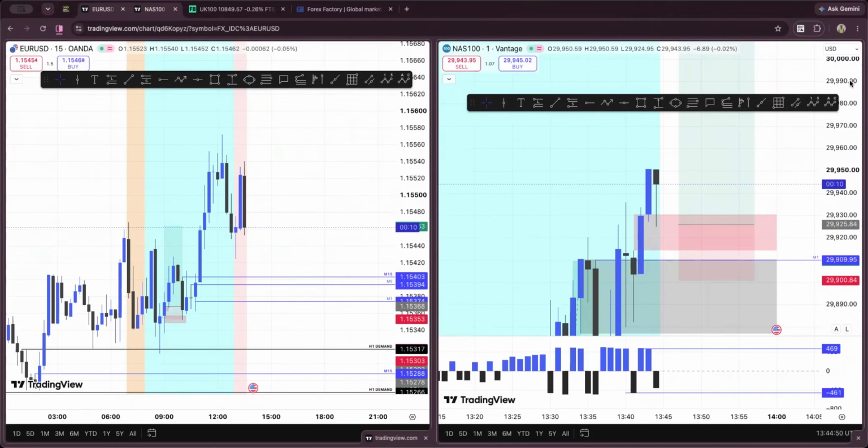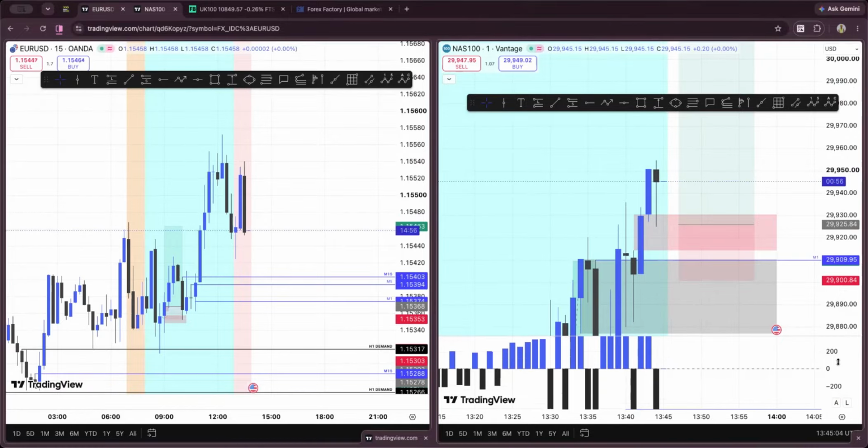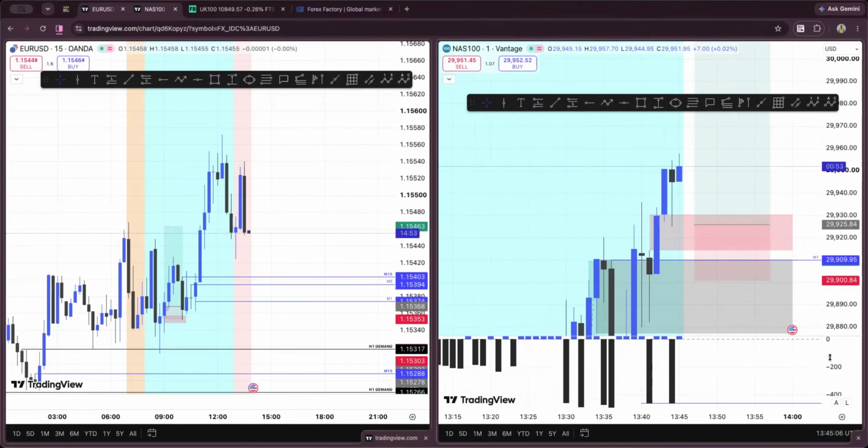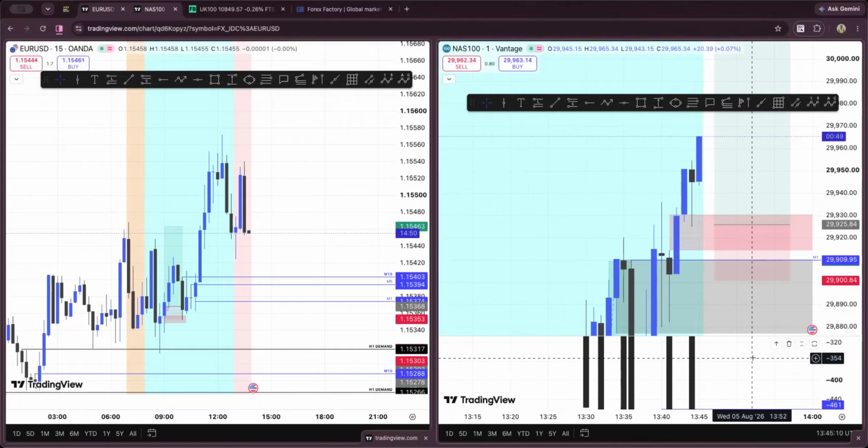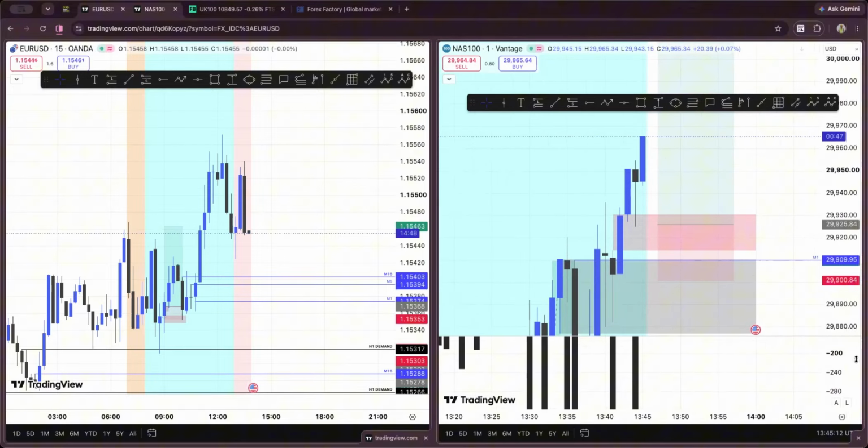I'm getting ready to take a trade here on NAS100. I want to see how this candlestick closes. Wow, what is this? Oh, bro.